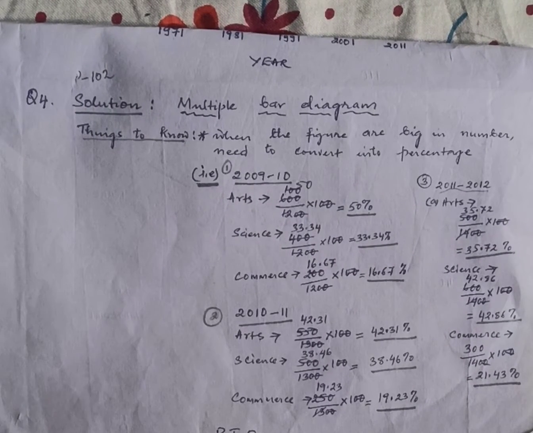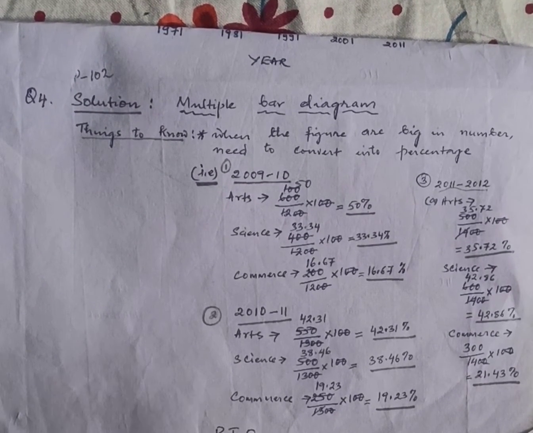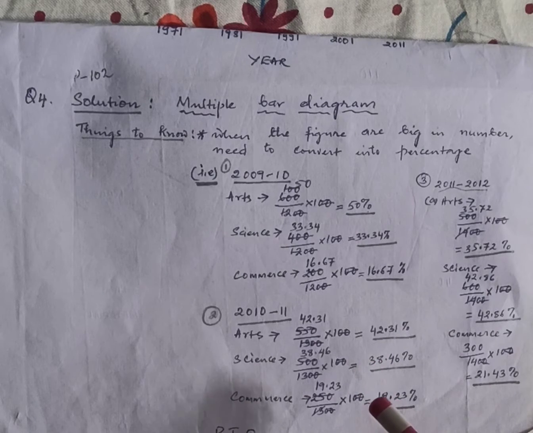If you see the numerical figure of each year, 2009, 2010 and 2011, you will see the numbers are big, and due to that I am converting those figures into percentages. So how do I convert into percentages?